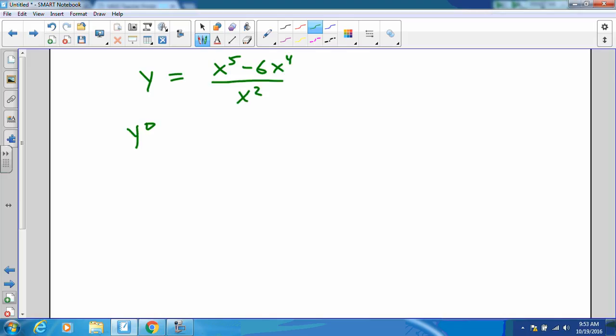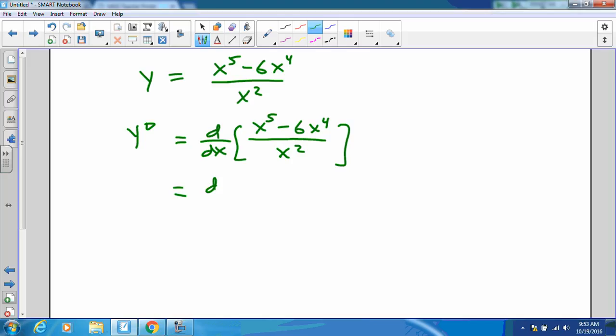Please observe that if I'm finding y prime or dy/dx, I do not have a rule yet that lets me find the derivative of a quotient. And so I cannot do anything calculus-wise with this. If I'm going to be successful, I first have to use some algebra to simplify it to get rid of that quotient.